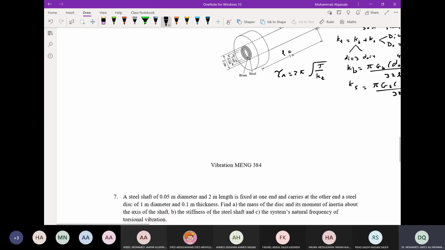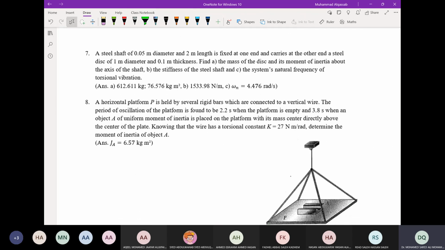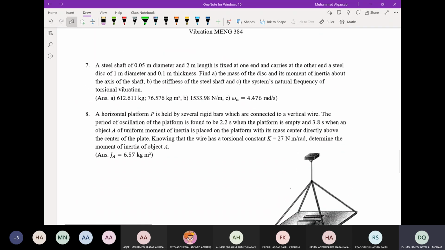And question number 7 is similar to question number 6. I don't think you will have a problem. It is a steel shaft of 0.05 meter in diameter and 2 meter length, fixed at one end and carrying at the other end a steel disc of 1 meter diameter and 0.1 meter thickness.